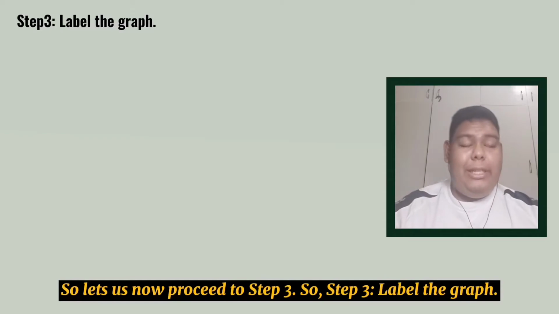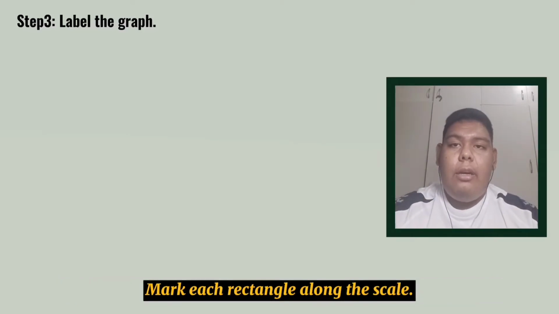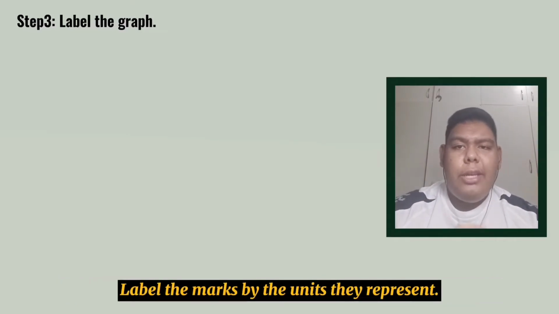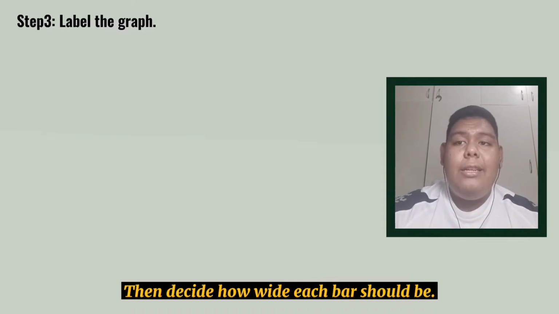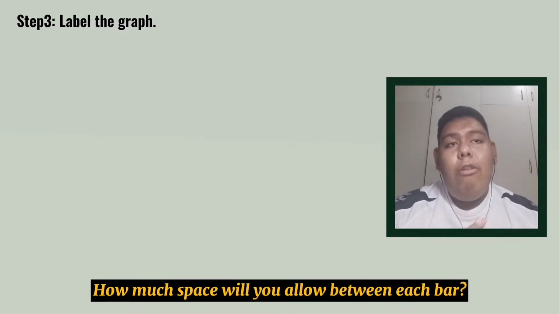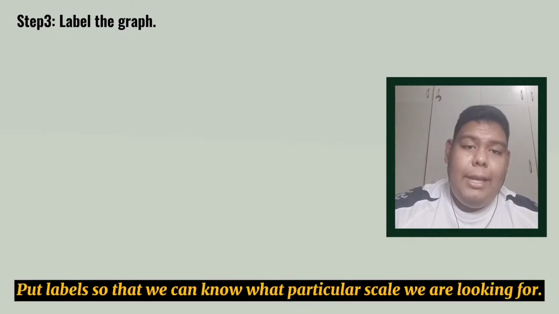So let us now proceed to step 3, which is label the graph. Mark each rectangle along the scale. Label the marks by the units they represent. Then decide how wide each bar should be. How much space will you allow between each bar? Put labels so that we can know what particular scale we are looking at.